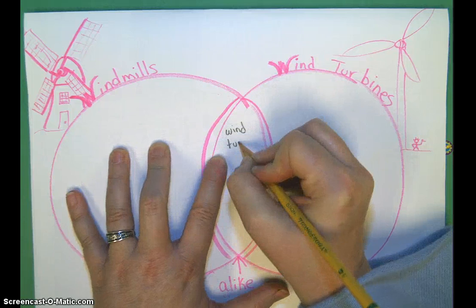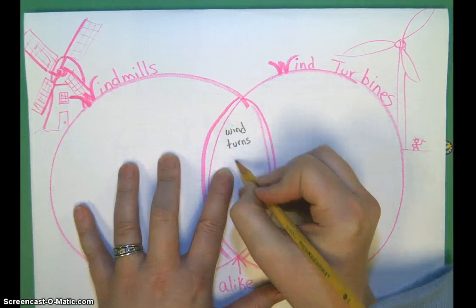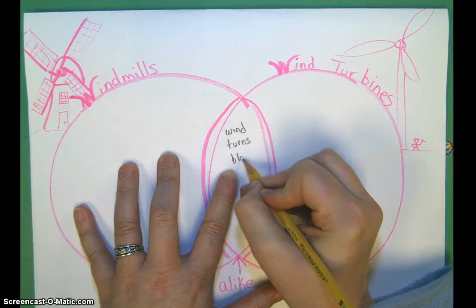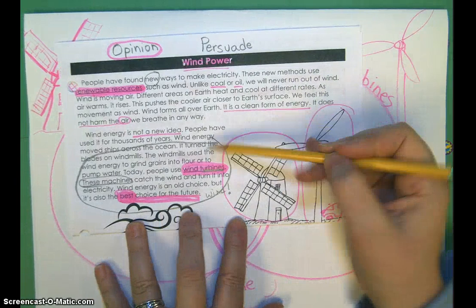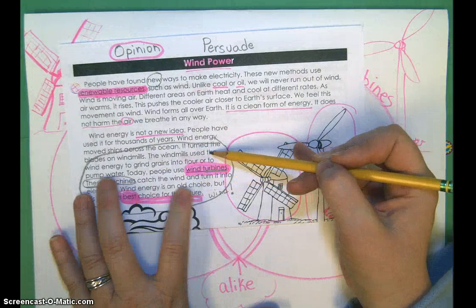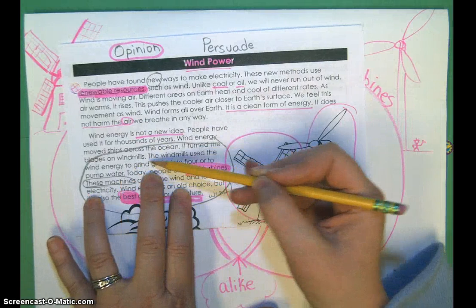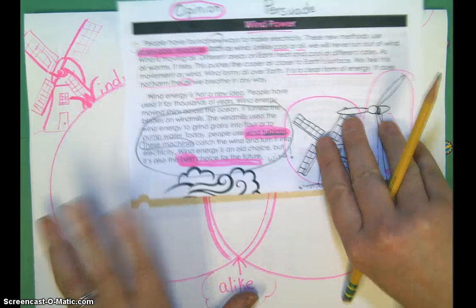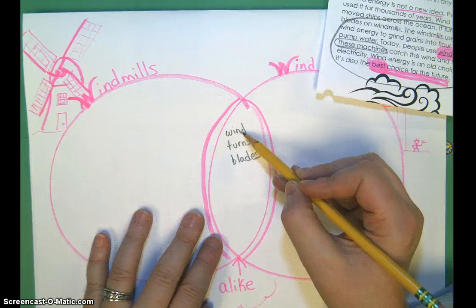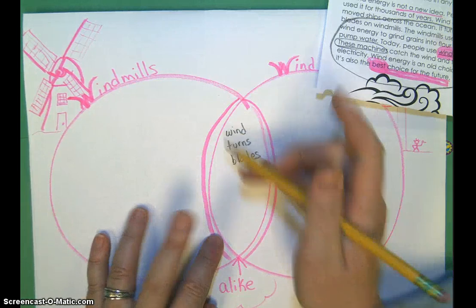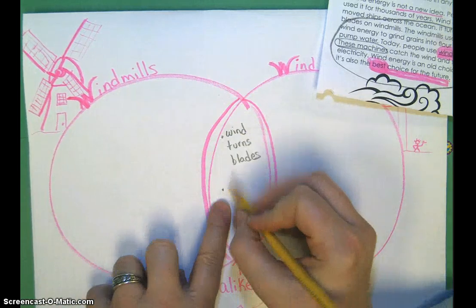Again, you don't have to write this. If you'd like to, you may. Windmills used the wind energy to grind grains into flour or to pump water. Okay, wind turned blades. Let's also put that the wind made energy.